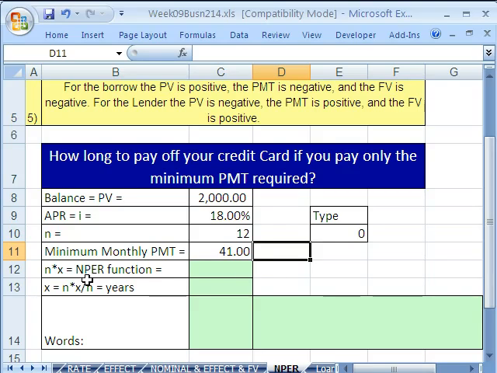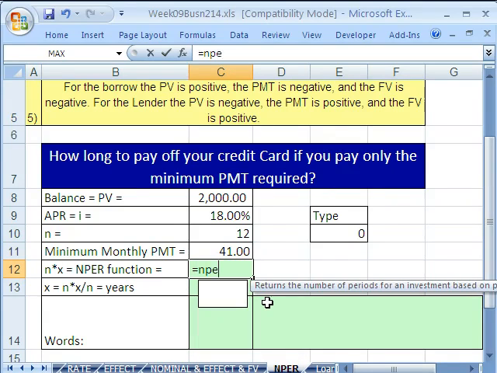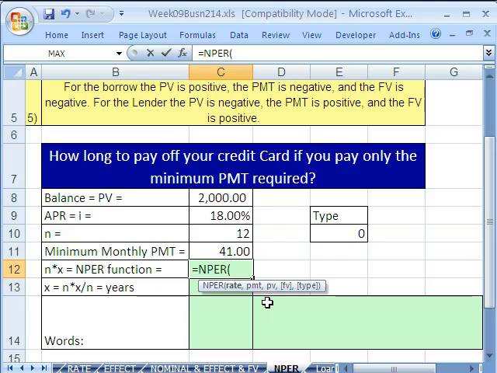Well, we're going to use the NPER function to figure out how many periods. Right? So you ready? Equals NPER. And this will be great, just like the rate back here and just like payment. All of the time periods need to be the same. So what is rate? Well, we didn't do our monthly rate, so we're going to have to do it right here in the formula. 18% divided by 12. Comma, and what's our payment?